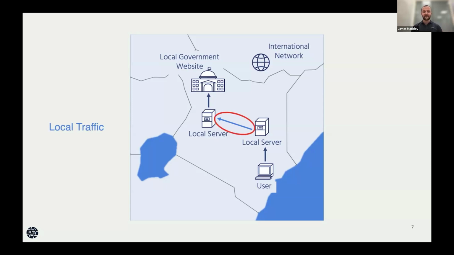And because this traffic flow from the user to the website does not leave the country, we define this traffic as local. Conversely, if the path looked something like this, where the user's traffic traversed an international network, we would then define this traffic as external. Likewise, if the government website was hosted outside of the country, we would also say that this content is external to the user.